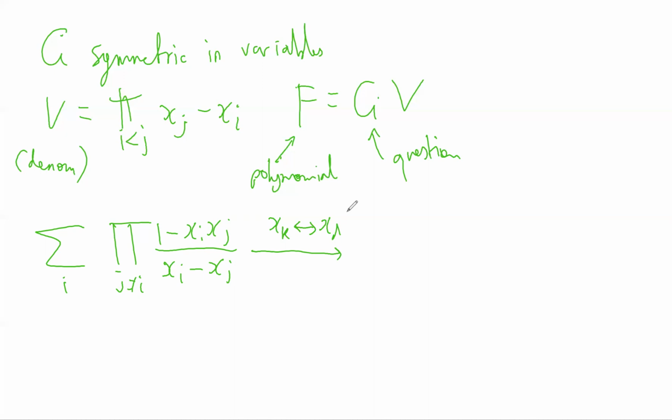I think this will only change things when i equals j or k. So it only affects these two terms. So product of j not equal to k, 1 minus xk xj, and plus.